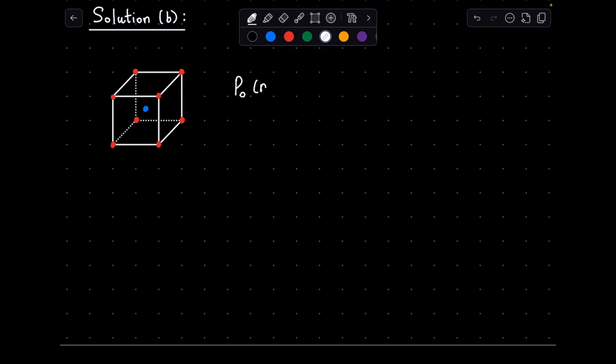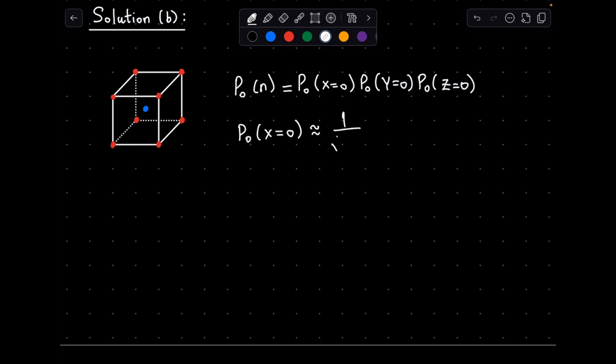Now, just like the previous part, Pn can be obtained by the product of the 3 independent probabilities for x, y, and z. We found previously that for one component, it is approximately equal to 1 over square root of pi n. So the net probability is going to be approximately 1 over (pi n) to the power of 3/2.